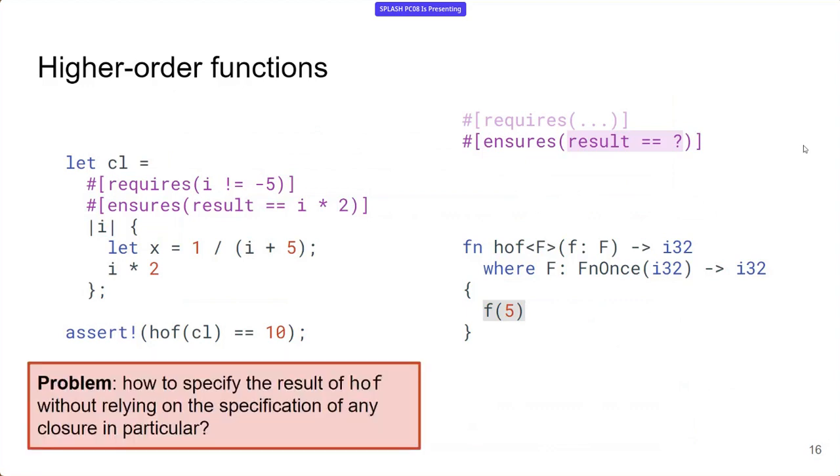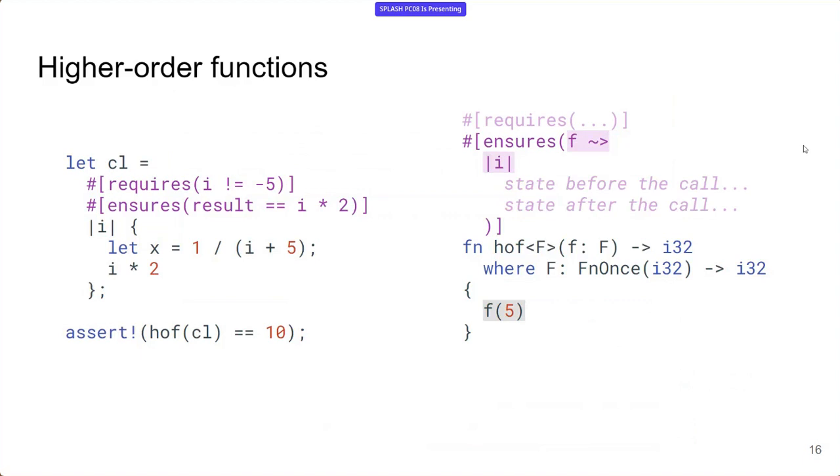So what we have as a solution is a call description. You can think of it as an effect, or you can think of it as a record of the closure having been called with certain arguments and with certain facts holding in the pre-state and the post-state.